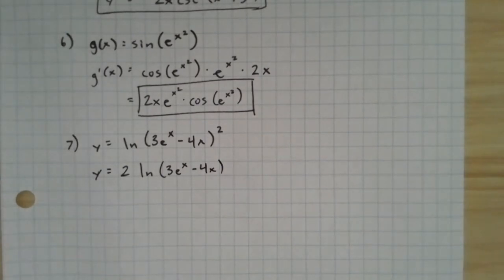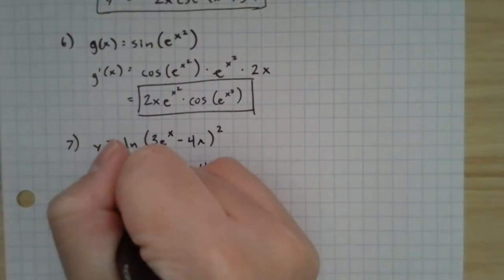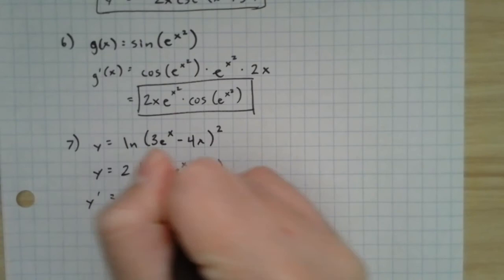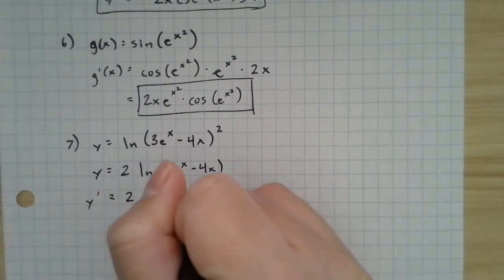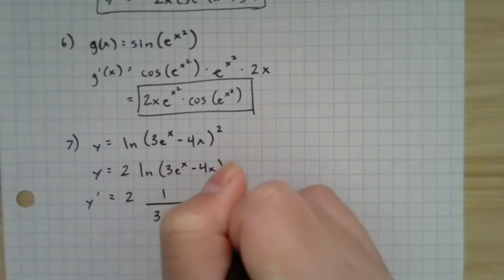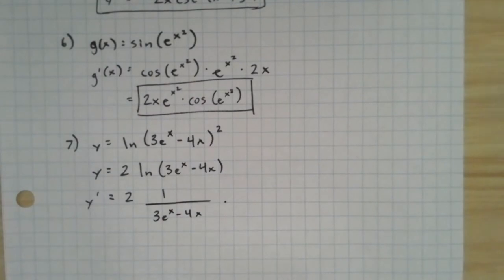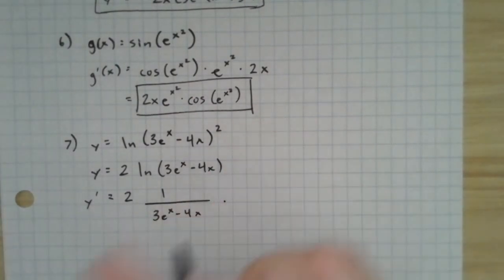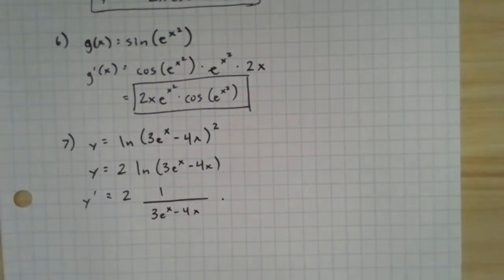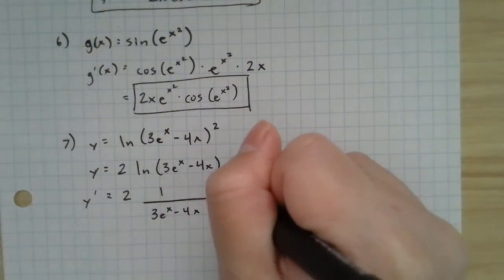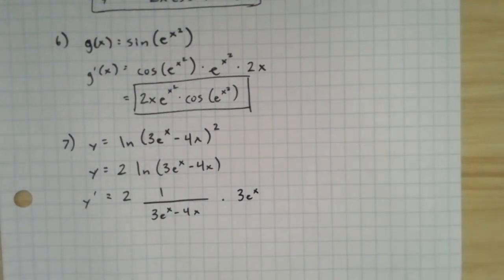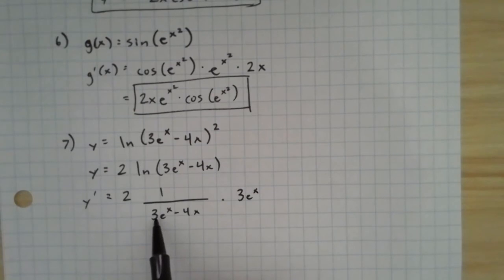And then the derivative of ln, so y prime would be 1 over the argument times the derivative of the argument. The derivative of this would be, well, 3 is just a constant, a coefficient, so it stays.